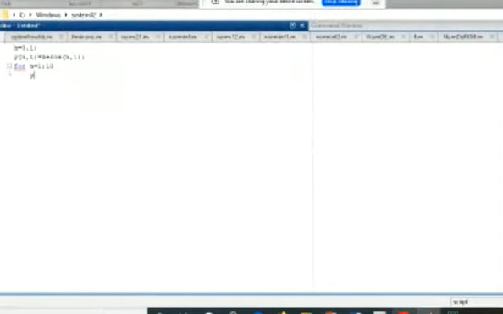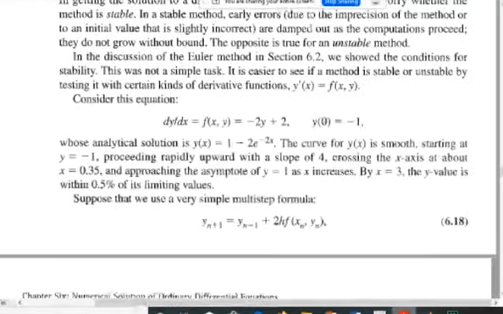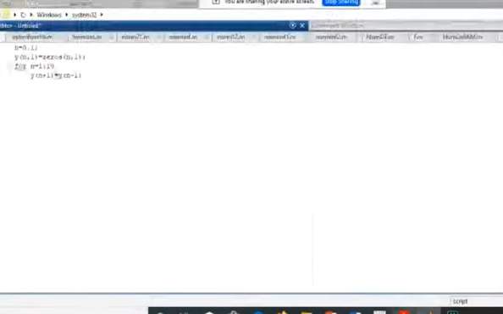You know, we have y(n+1) equals y(n-1) plus 2h f. Here, 2 multiplied by h multiplied by f.